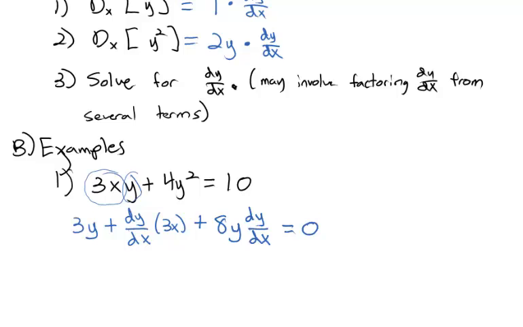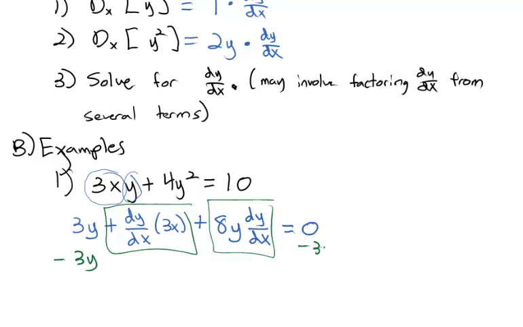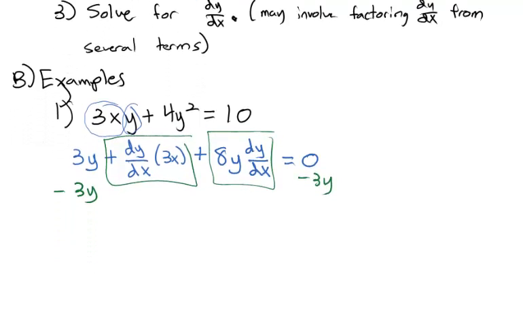To do that, we need to get all the terms with dy dx on one side, and everything that doesn't have a dy dx, specifically that 3y, on the other side. So I'll subtract the 3y from both sides. And that's going to give me, putting the 3x in front, 3x dy dx plus 8y dy dx equals negative 3y.